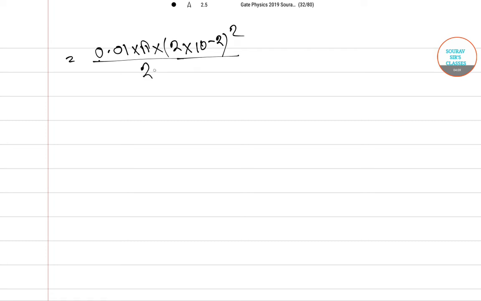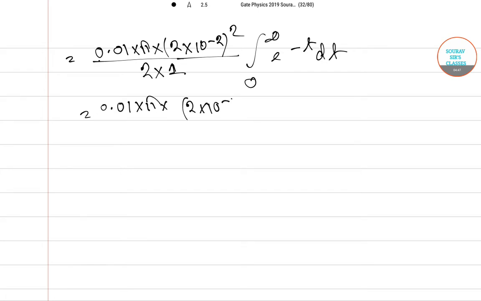R is 2 ohm, so 2 into 1, t0 is 1 as given in the question. So, 2 into 1 times the integration over 0 to infinity of e to the power minus t dt. If we take the integration and put the limits, we have 0.01 into pi into 2 into 10 to the power minus 2 whole square divided by 2 into 1.